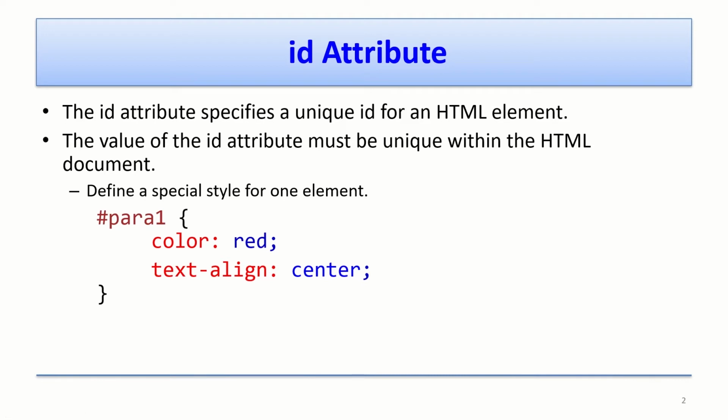The color value is red, so you know how to assign the color, using a colon symbol. Then I assign center as the text alignment, and then I close the ID style block. This is the para1 style, where I define these CSS properties as a block of the para1 ID.